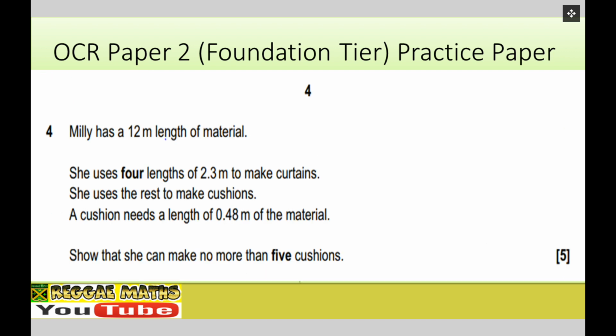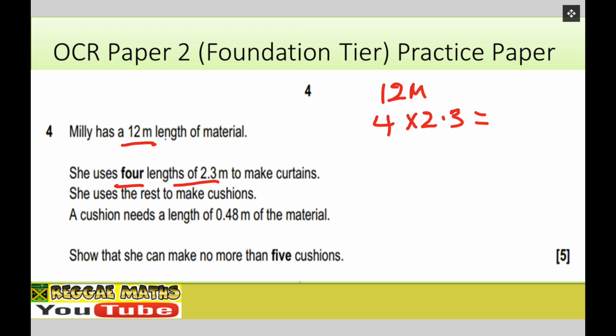Millie has 12 meters. So identify all the key information in this case. 12 meters, that's the length of the material. It says here she used 4 lengths. So the key thing, 12 meters. She used 4 lots of 2.3.